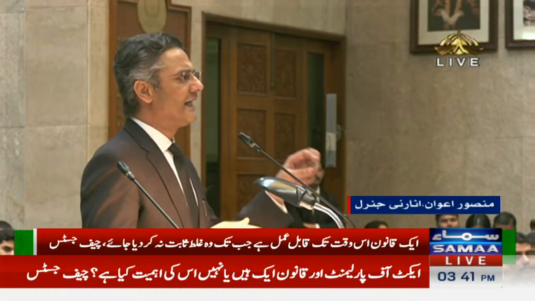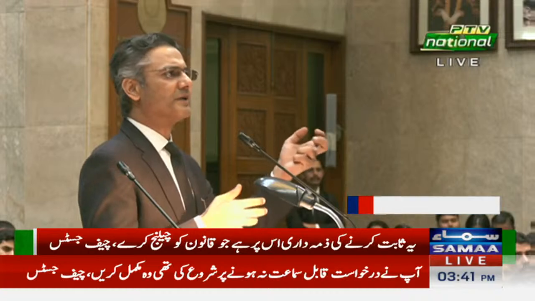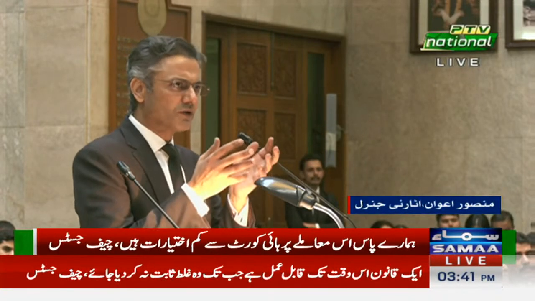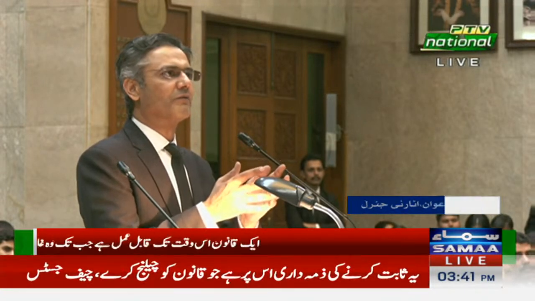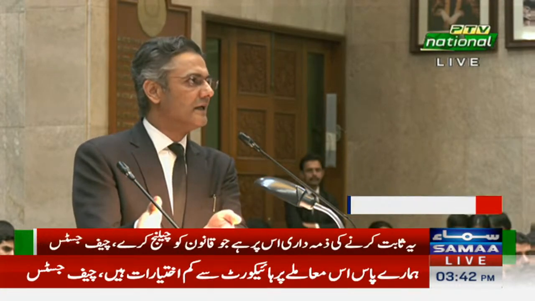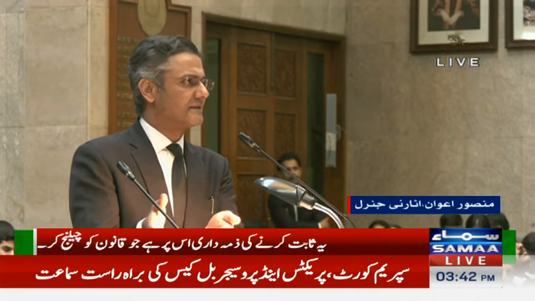Independently, any legislation, any statute, any rule or any regulation would be a matter of public importance or public interest. Now, this court does not assume jurisdiction under 184(3) on any law being enacted for want of legislative competence. It has to be ultra vires or violative of the fundamental rights granted.